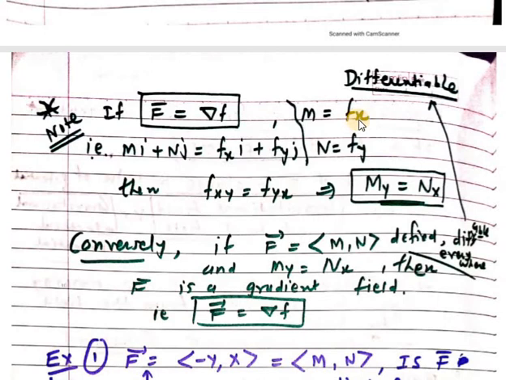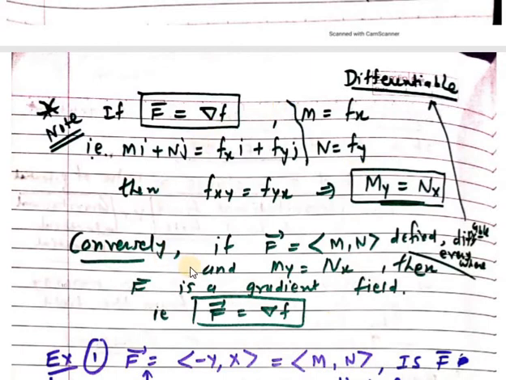As we know, f_xy and f_yx are the same. That means we get M_y is equal to N_x. Conversely, if F is equal to (M, N), defined and differentiable everywhere, and M_y is equal to N_x, then we can determine F is a gradient field. That is, F is equal to a gradient.